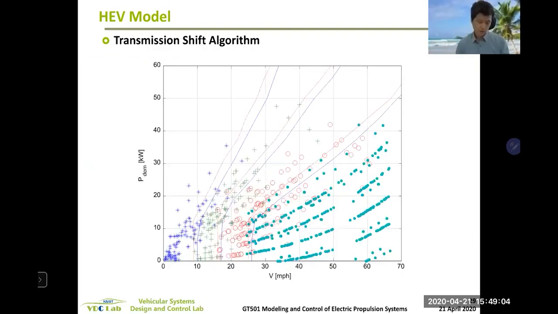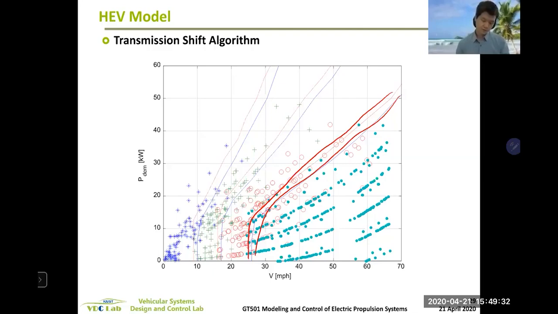And the way this shift algorithm works is the blue line is upshift and the red dotted line is downshift. So they're not identical because we need some hysteresis to avoid frequent shift.